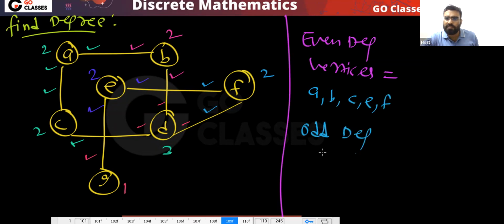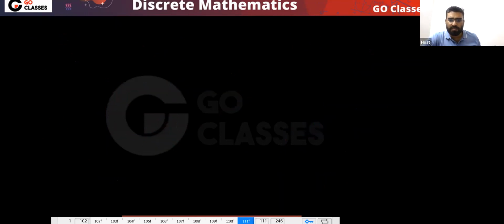And what are odd degree vertices? You can notice G comma D, these are the odd degree vertices. G comma D, they have odd degree. So these are the odd degree vertices and these are the even degree vertices. Yes or no?